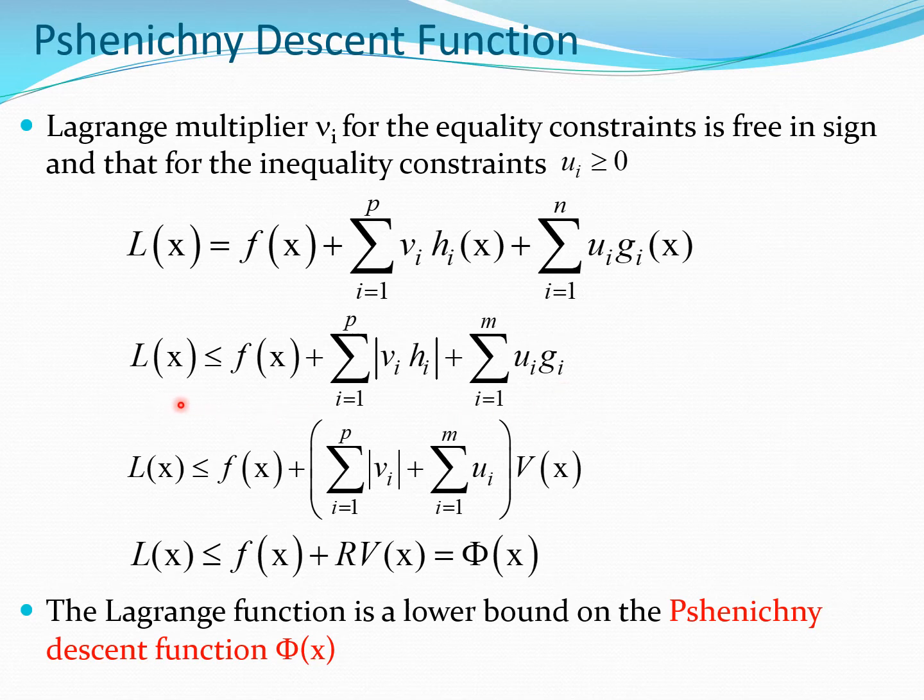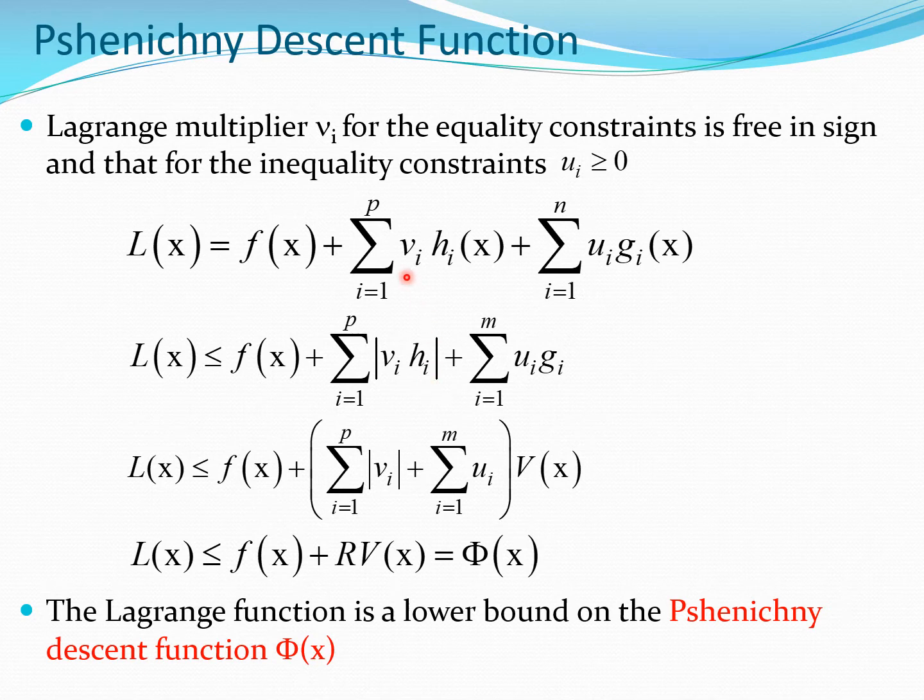So once again, let us look at this L of x, and now we can see that this L of x would be less than this function here, because what we have done here is taken the absolute value of v_i h_i.